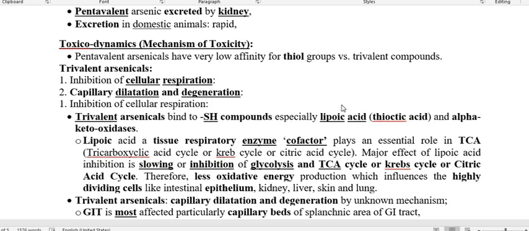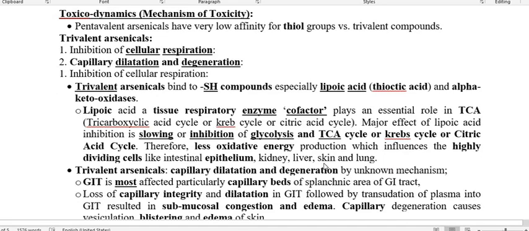The lipoic acid is a cofactor participating in the Krebs cycle, or tricarboxylic acid cycle, or citric acid cycle, or you can say the energy cycle where ATP is generated, and that gets affected, because lipoic acid acts as a cofactor, coenzyme, catalyst. Because of this, the TCA cycle or glycolysis gets slowed or inhibited, and therefore it produces less energy.